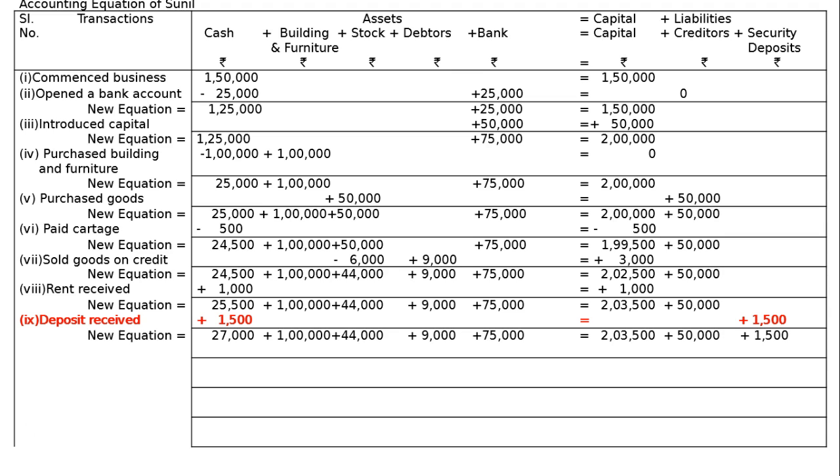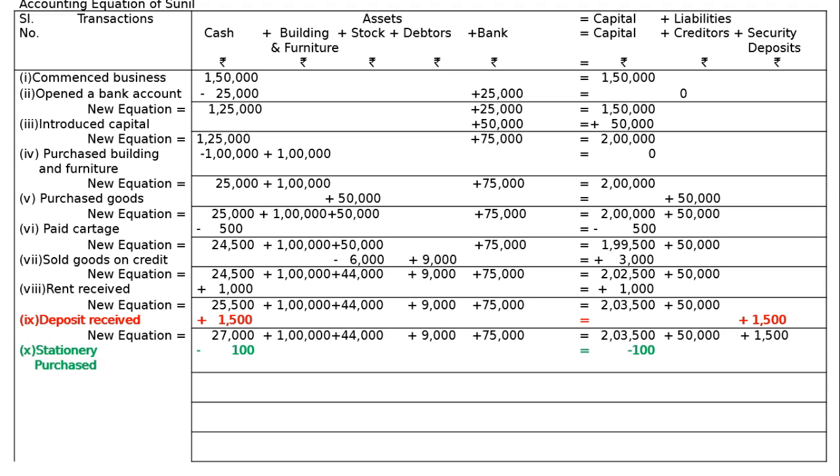Then 10th one, purchased stationery for cash. It is an expenditure. Cash and capital minus 100. We are buying stationery. It is an expenditure. Stationery purchased, 100 minus from cash, 100 minus from capital. Then new equation. Invested in shares, personal.